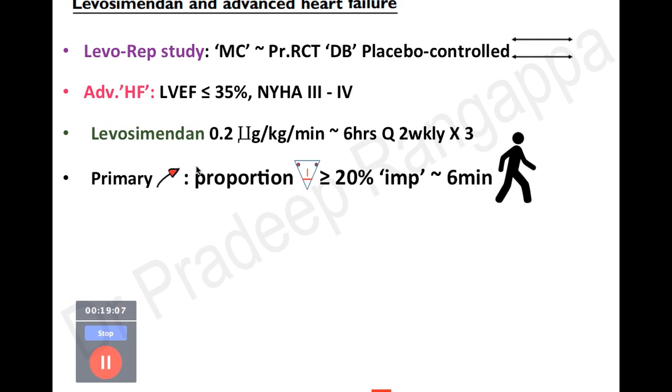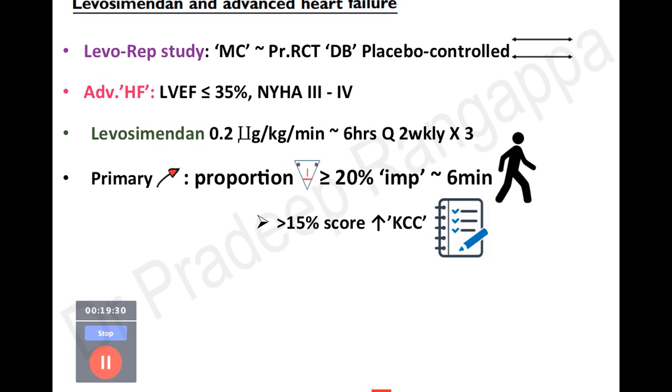So the primary outcome they looked at was the proportion of patients who had more than 20% clinical improvement, which they quantified with the 6-minute walk test, to see very objectively if there was any clinical improvement in these patients. And they looked at more than 15% score increase in the Kansas City cardiomyopathy score.